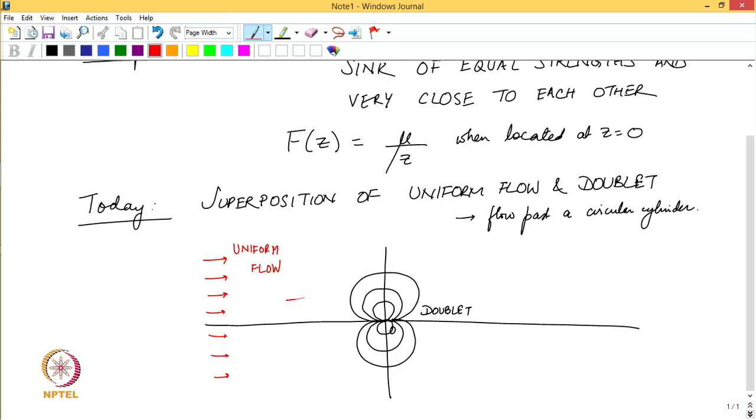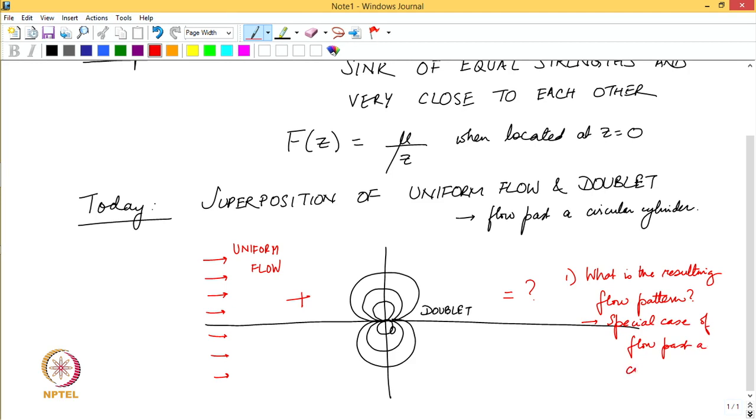When you add these two, we are going to answer what the resulting flow pattern is, and we will show that this happens to be a special case of flow past a cylinder. So, let us get started.